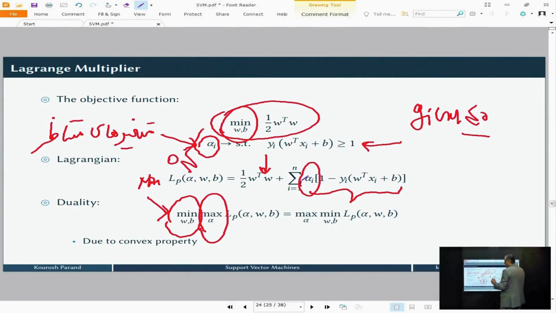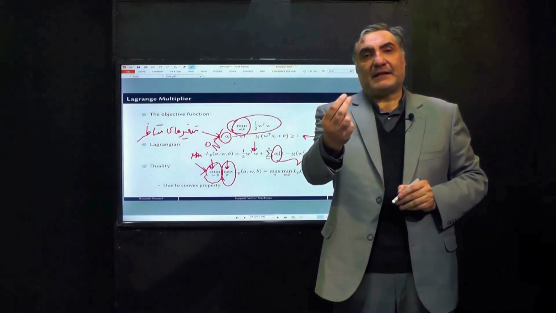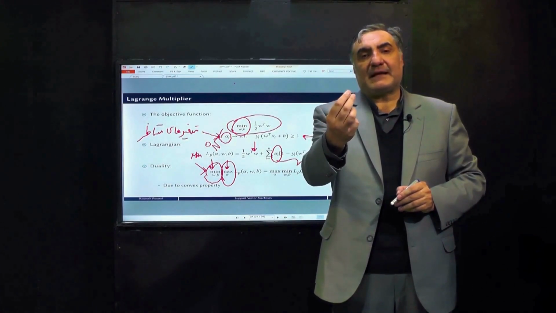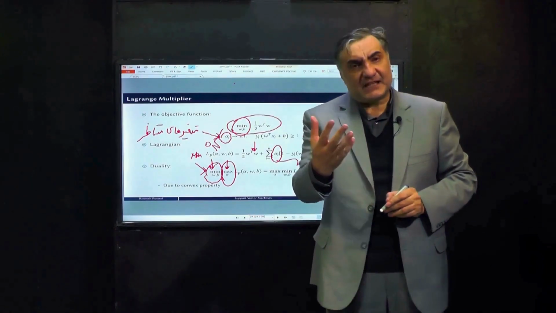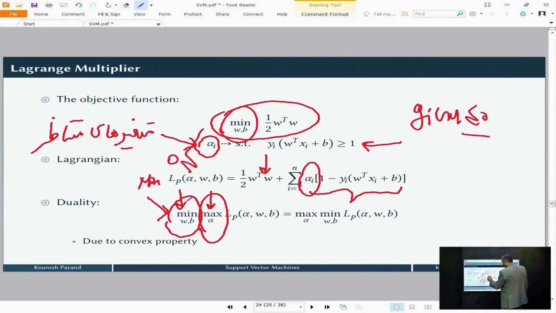So should we maximize with respect to alpha and minimize with respect to w and b? The solution to this problem is basically a saddle point solution. What is a saddle point? I'll explain that in detail.